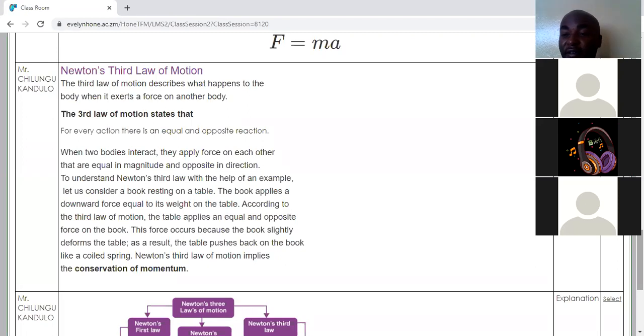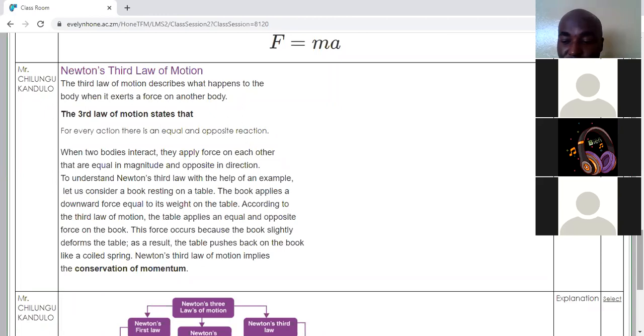Everywhere it's interaction, because even when you are pulling, there's interaction between the force which you are applying and the body. But now, everything that is acting on a body comes into the picture.